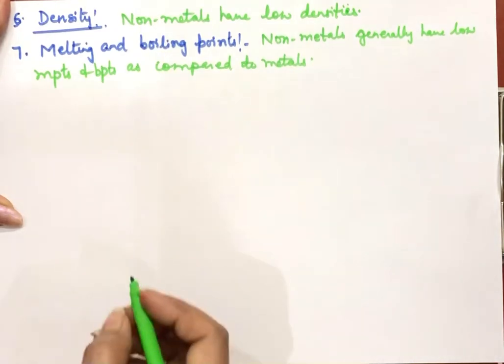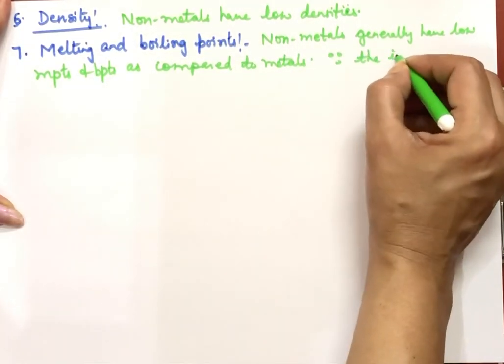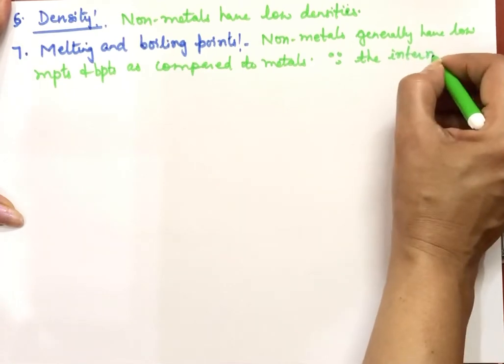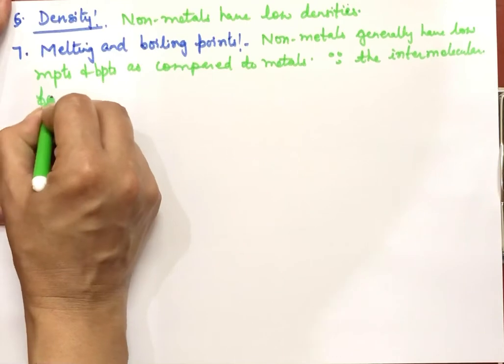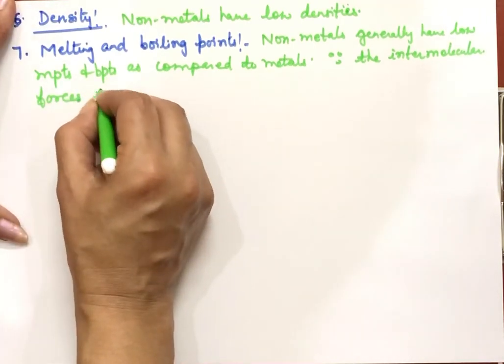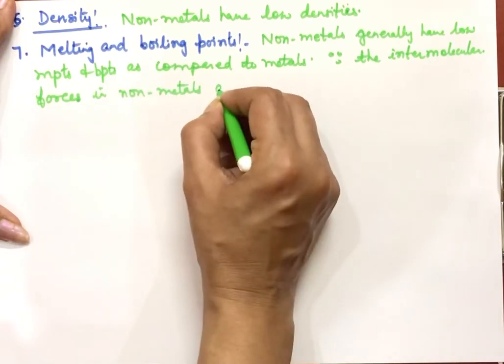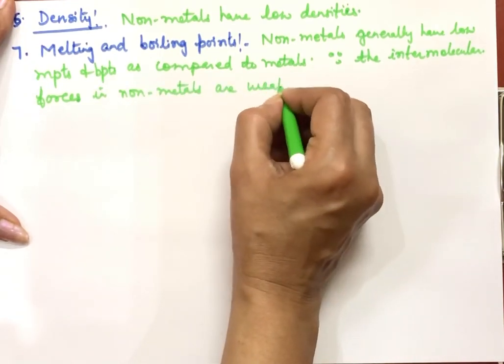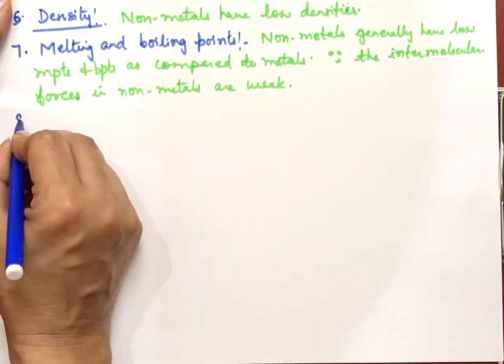The reason is that the intermolecular forces of attraction between the non-metal particles are weak. That is why they have low melting and boiling points. The particles break apart easily, and hence the melting and boiling points of non-metals are low.